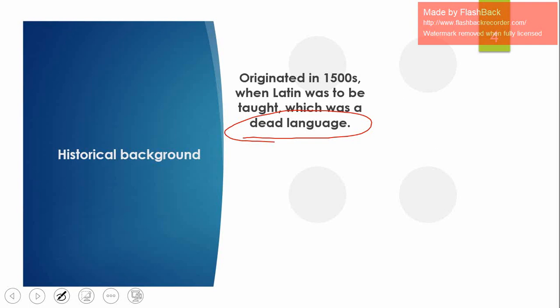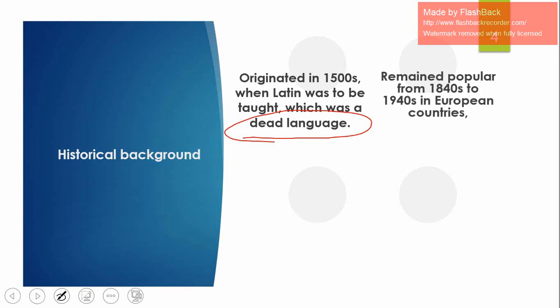So the students were not able to speak Latin or Greek, or listen to Greek and Latin and understand, but they were able to read, write and translate Latin and Greek. So this was the basic historical background of this method, and it remained popular from the 1840s to the 1940s in European countries.